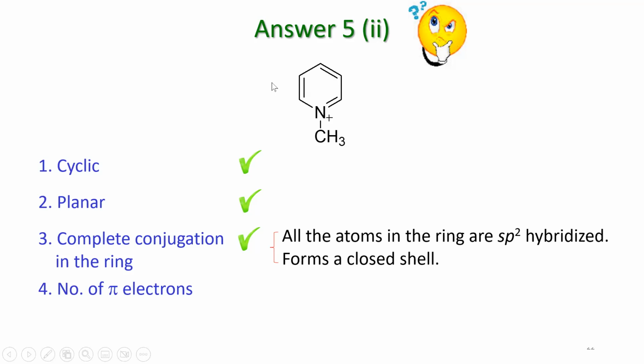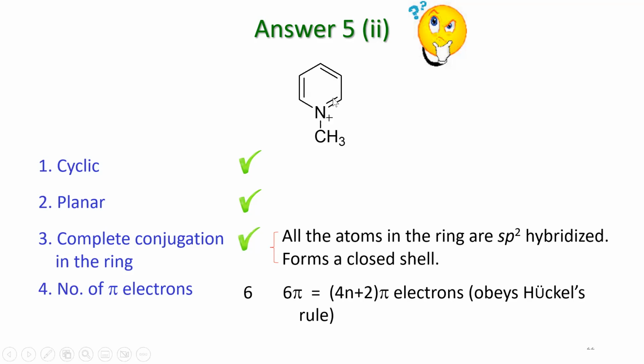And let's see the number of pi electrons. It is 6: 2 here, 2 here, 2 here. So it fits into 4n plus 2. When n is 1, 4 into 1 is 4, plus 2 is 6. So it obeys Huckel's rule, so the compound is aromatic. Right?